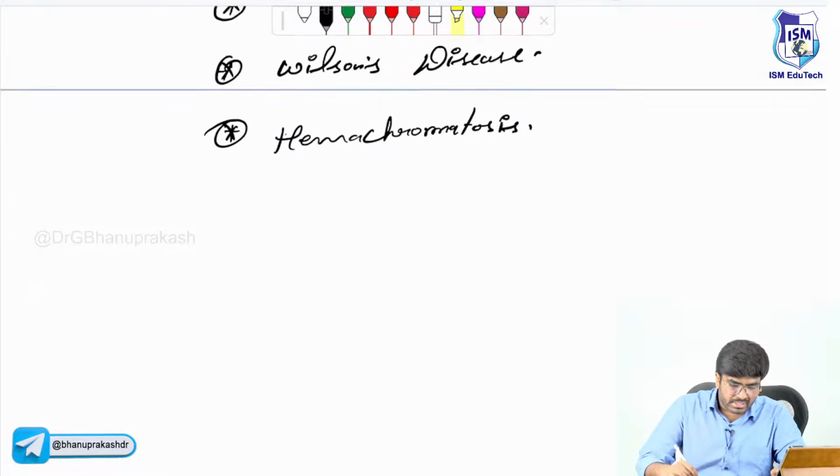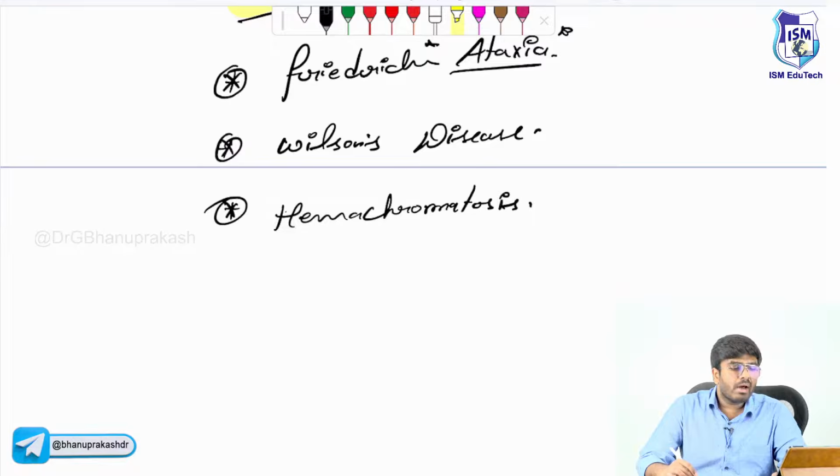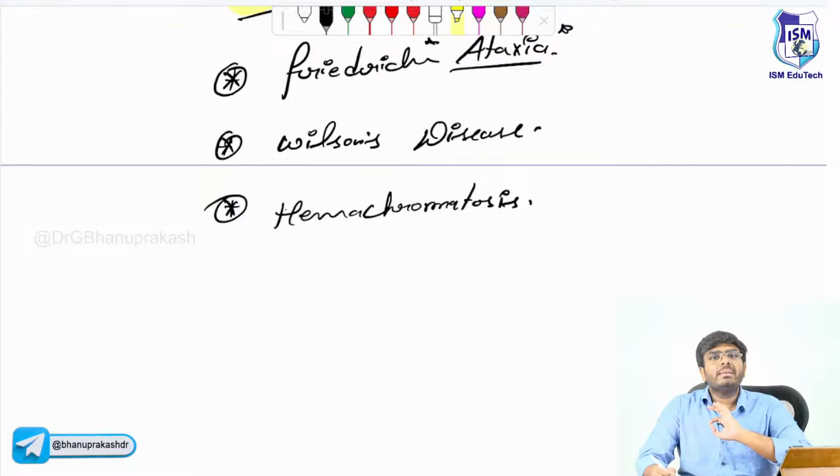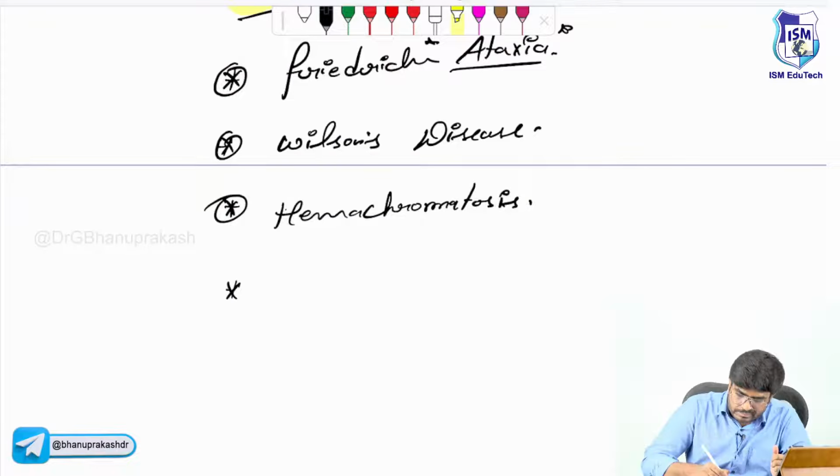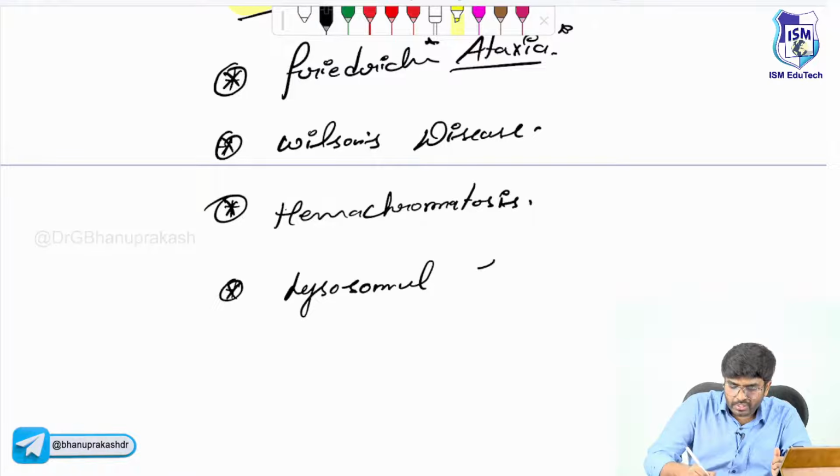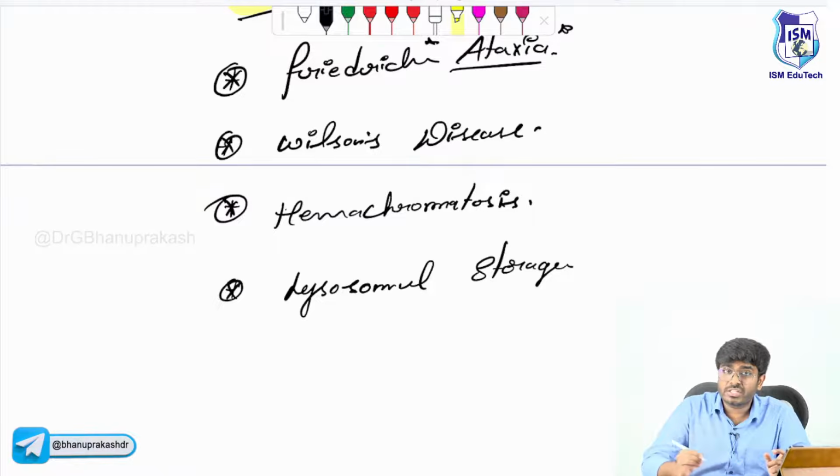So hemochromatosis, Wilson's disease completed. Now after that, see all the inborn errors of metabolism, like the lysosomal storage diseases. You know, right? Niemann-Pick disease, Gaucher's disease.